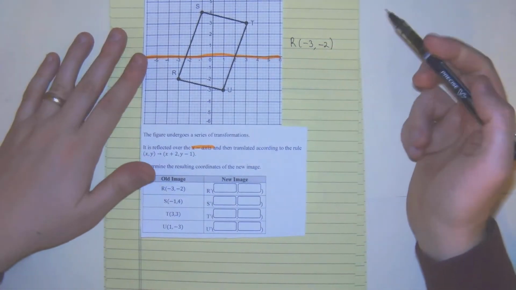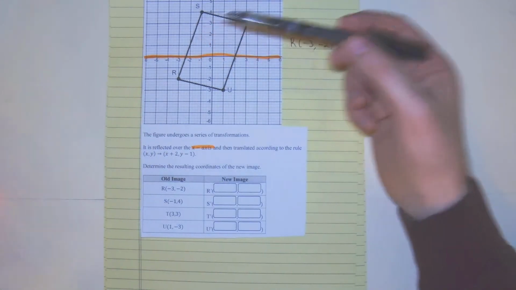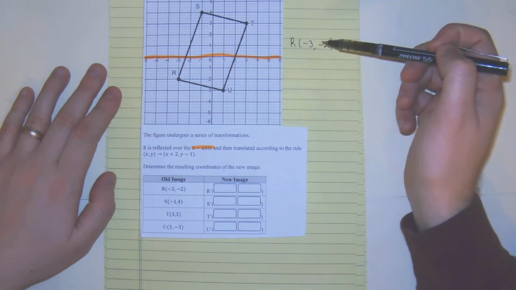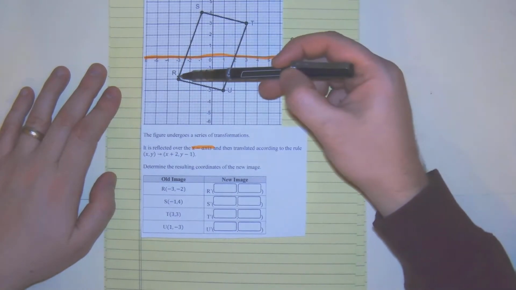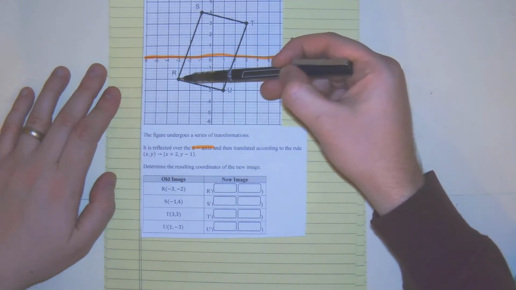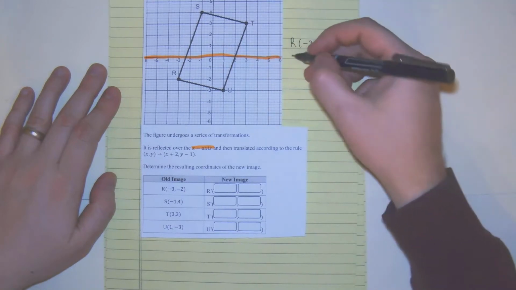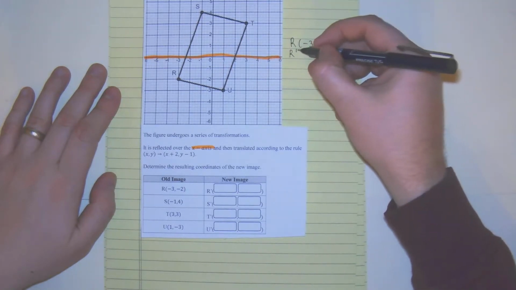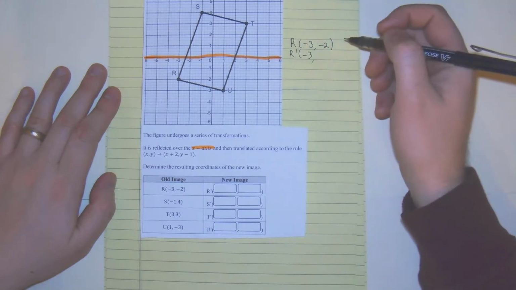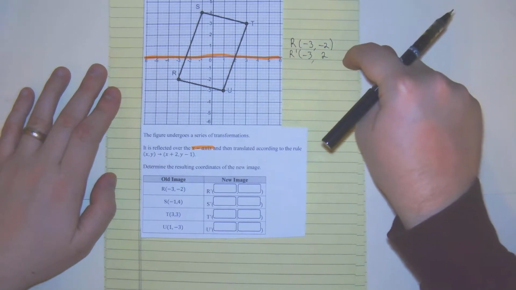So R (-3, -2), what's going to happen here is it's going to go over the x-axis. So what's going to change is the y value. So it's going to go 1, 2, 1, 2. So now R prime, the new image, is going to be at (-3, 2). Because when we reflect, it becomes a positive number.